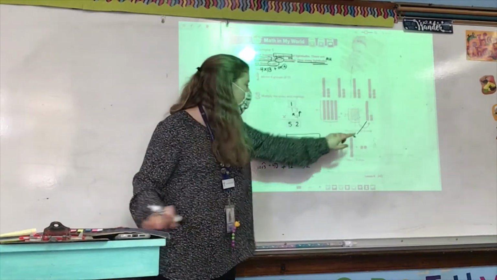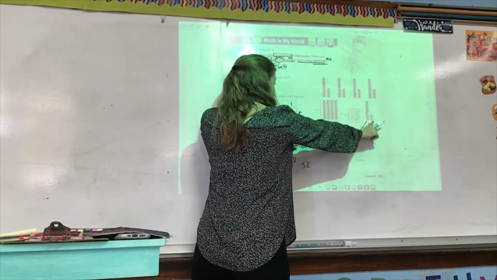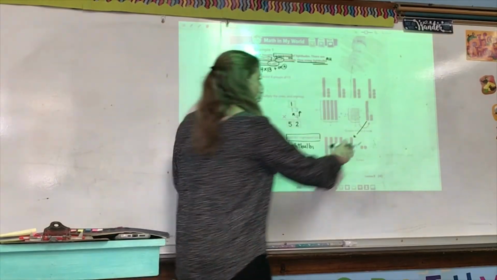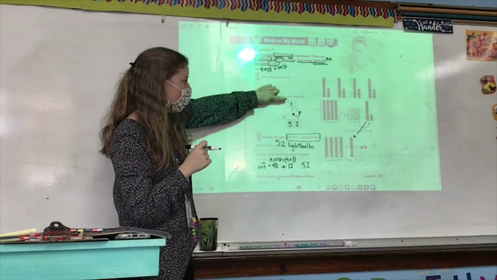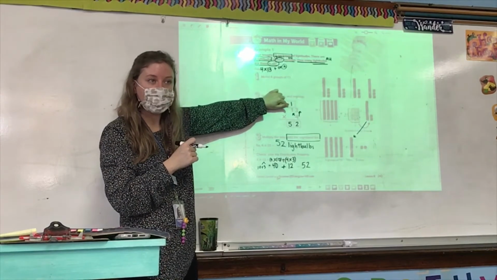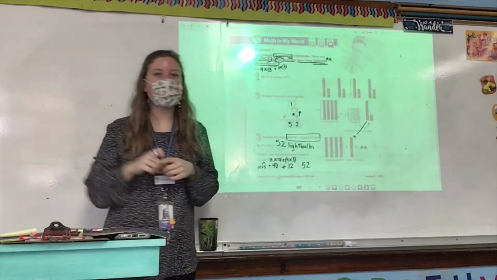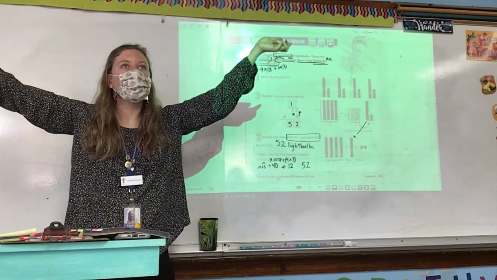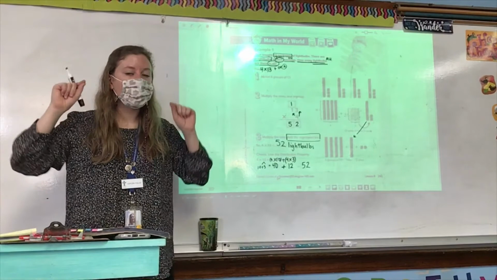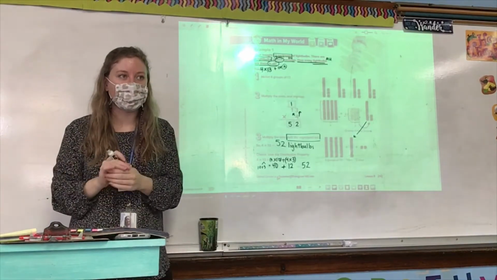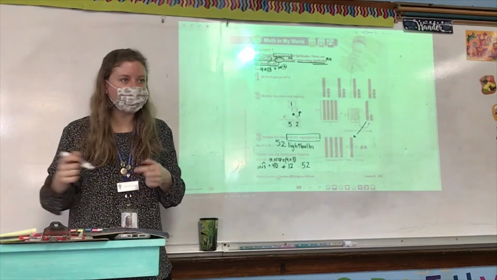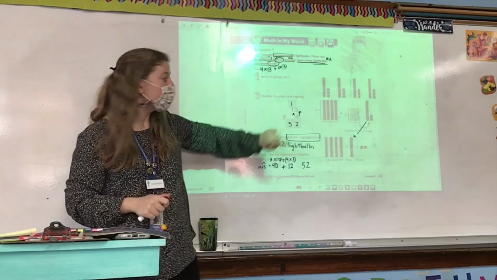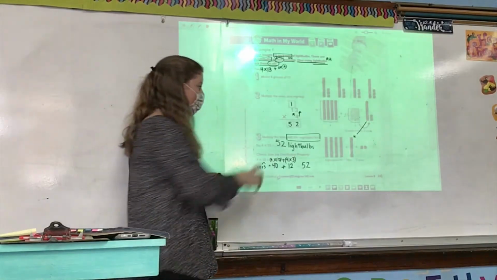When you're regrouping, you're keeping the ones that stayed behind in the ones place of your product. The regrouped 10 gets put above the tens place. Do you add the regrouped 10 or do you multiply the regrouped 10? Class, you add it. Do we ever multiply anything that has been regrouped? Never. Never in a million years would you ever multiply the regrouped number, because if I did that, this is what would happen.